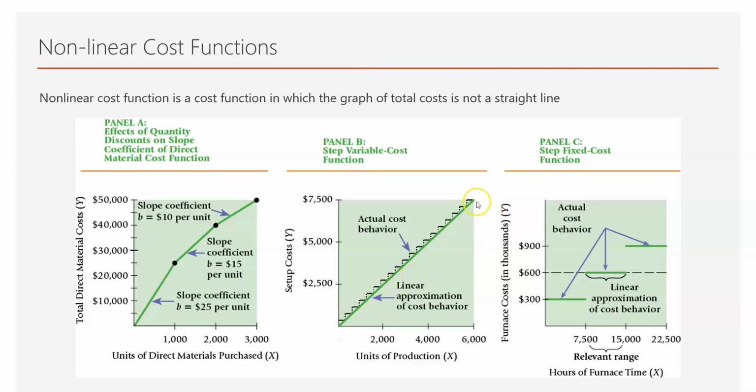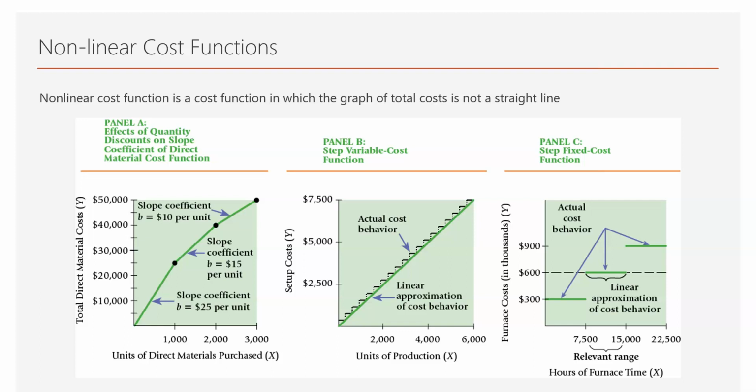It looks to be linear, but the actual cost behavior, or the actual cost occurrence, is in steps. Panel C, where we have step fixed cost, is more clear in the step function, because the hours that we use the furnace to make up to 7,500 hours of furnace time is going to cost us $300.